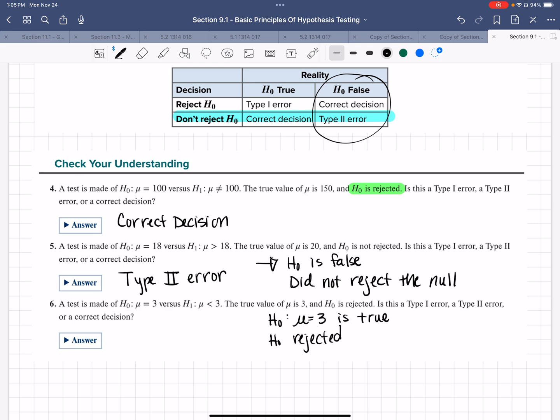We made the wrong decision there. We convicted an innocent man. So I go up here, and we have the null is true and the null is rejected. That gives me a type 1 error.